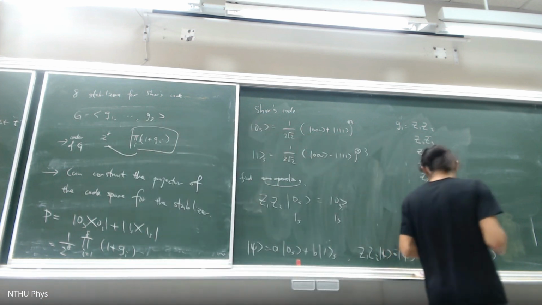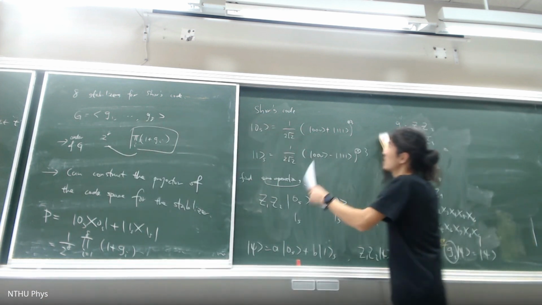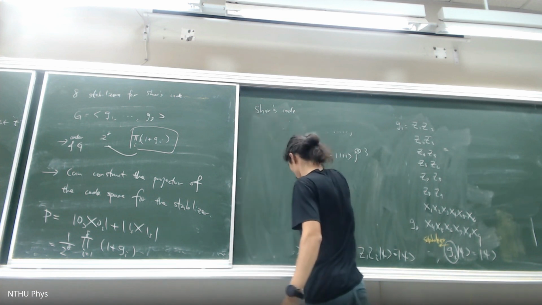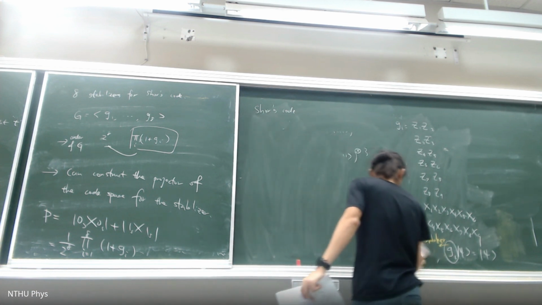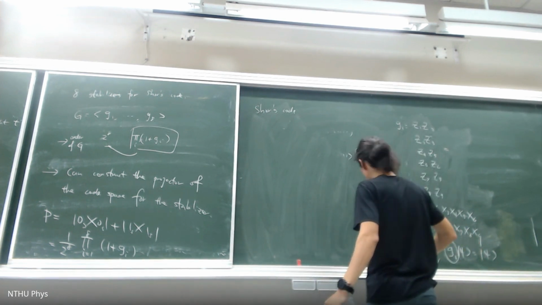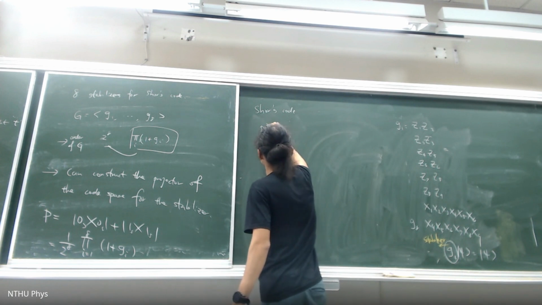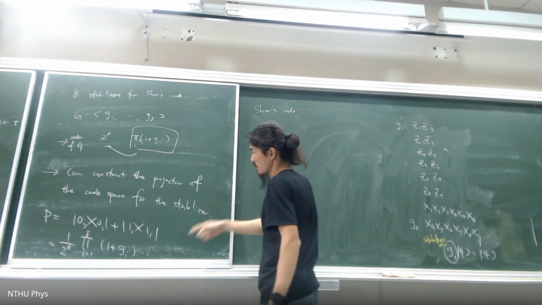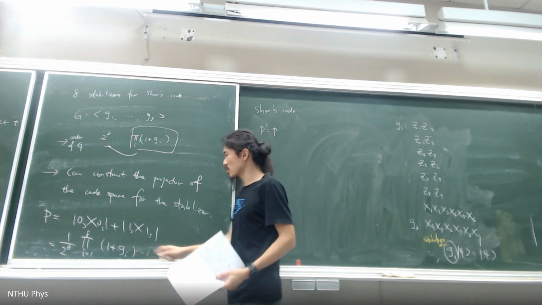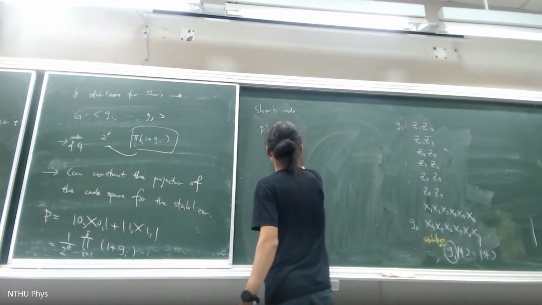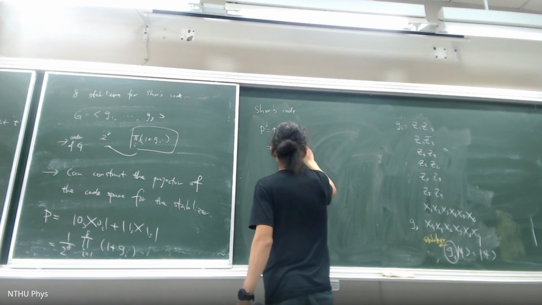Okay. So first of all, in this example, we need to show this is a projector. So P squared must equal P. So P squared will be this one, right?